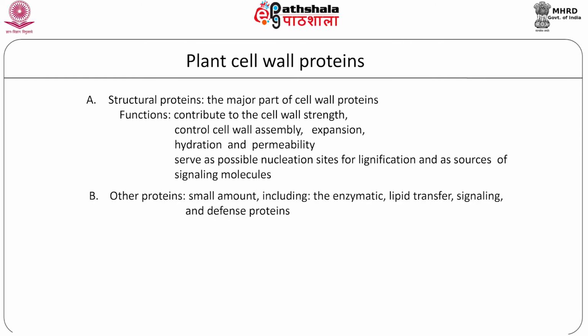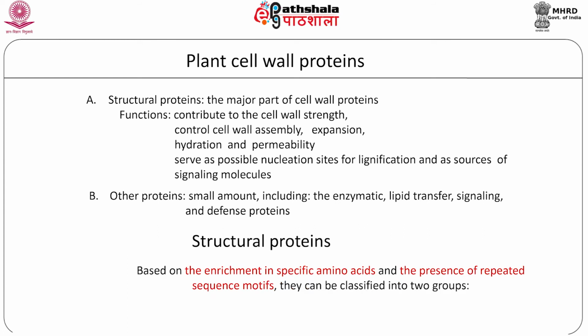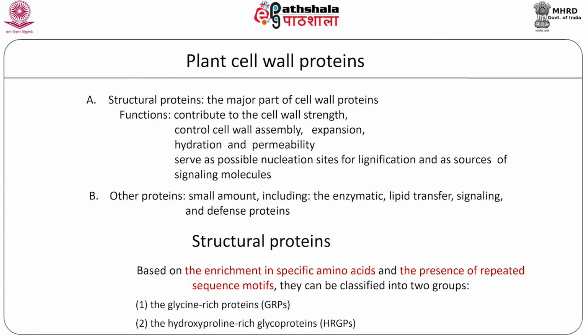Other proteins are in small amounts including enzymatic, lipid transfer, signaling and defense proteins. First, structural proteins. Based on the enrichment of specific amino acids and the presence of repeated sequence motifs, they can be classified into two groups, the glycine-rich proteins, that is GRPs, and the hydroxyproline-rich glycoproteins, that is HRGPs.